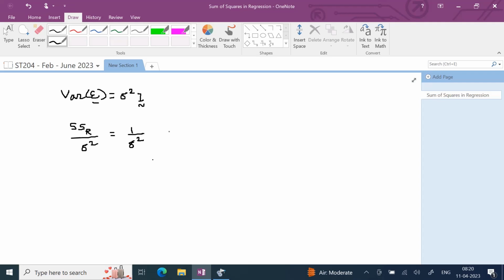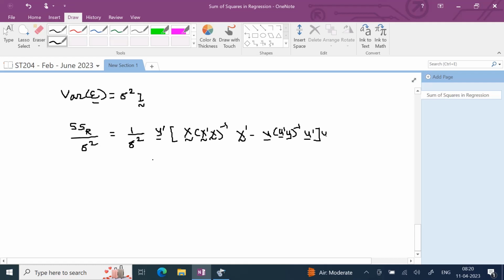It is anyway symmetric and idempotent, so I will have 1 by sigma square Y' into the matrix, that is X(X'X)^{-1}X' minus U(U'U)^{-1}U', whole into Y.